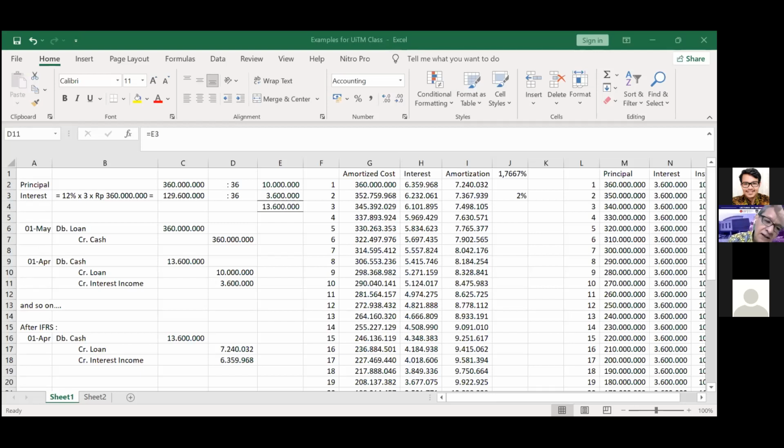Then the present value of this, we get only this 233,000 rupiah only.